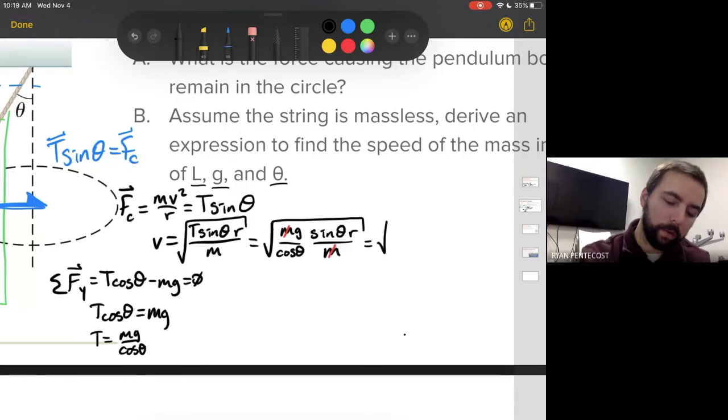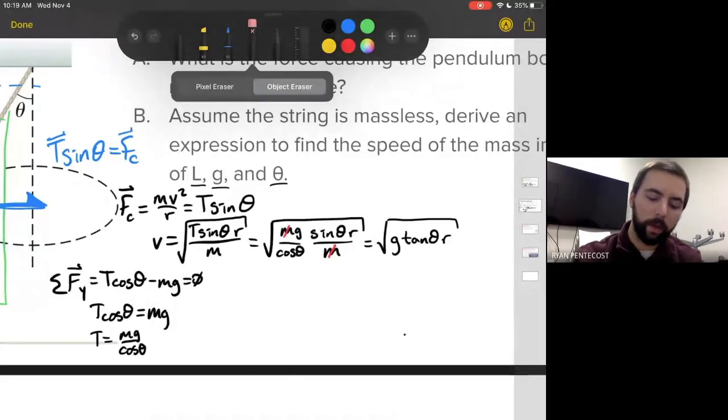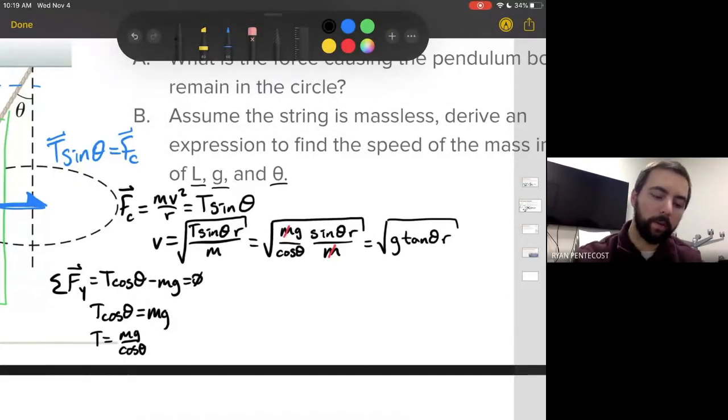So then we have the square root of g tangent theta r. And I'm keeping r on the outside because we want to get rid of it. So we have g, that's legal. We have theta, legal, but r, that's not a legal variable for this problem.